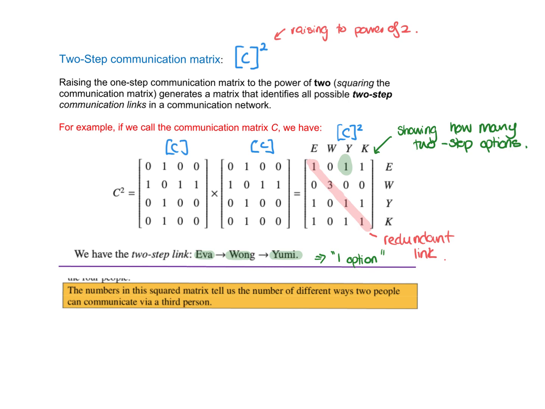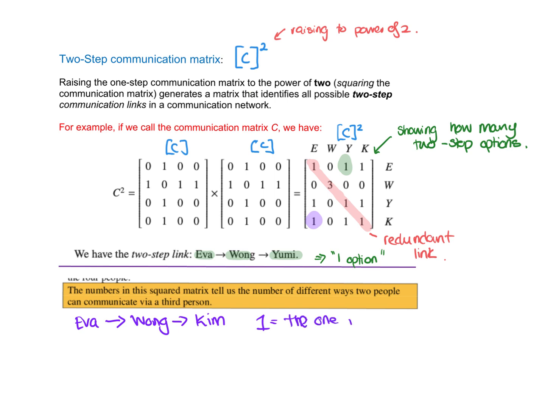So I'm just going to highlight another one, just so you're clear. Say I highlighted that combination, that's between Eva and Kim. What it's saying is there's 1 option where Eva can get a message to Kim via 2 steps. And we know it's Eva to Wong to Kim. So that 1 equals the 1.